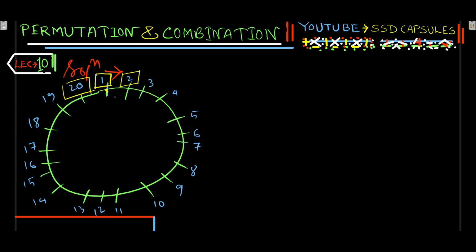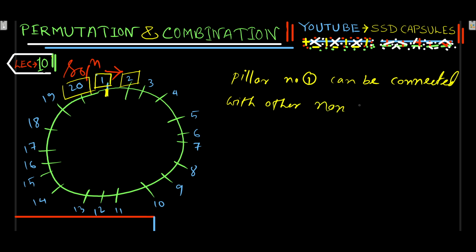So here it is very obvious that pillar number 1 can be connected with the tops of other non-adjacent pillars in 17 ways.